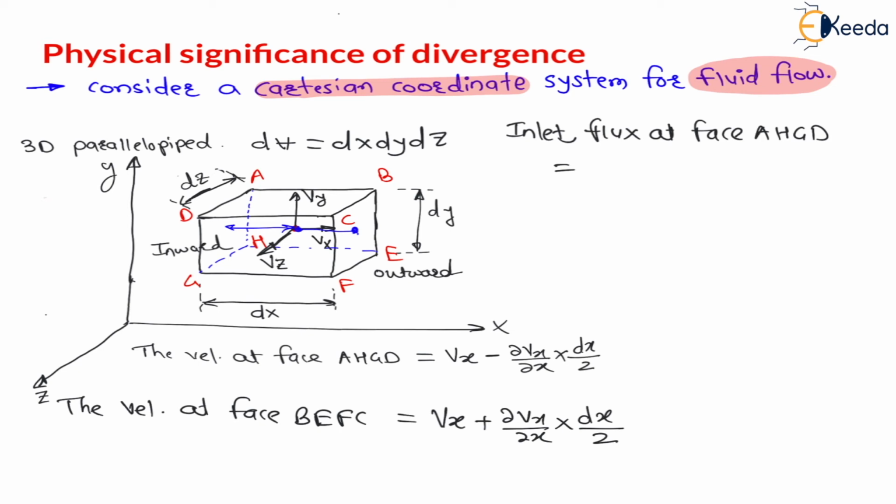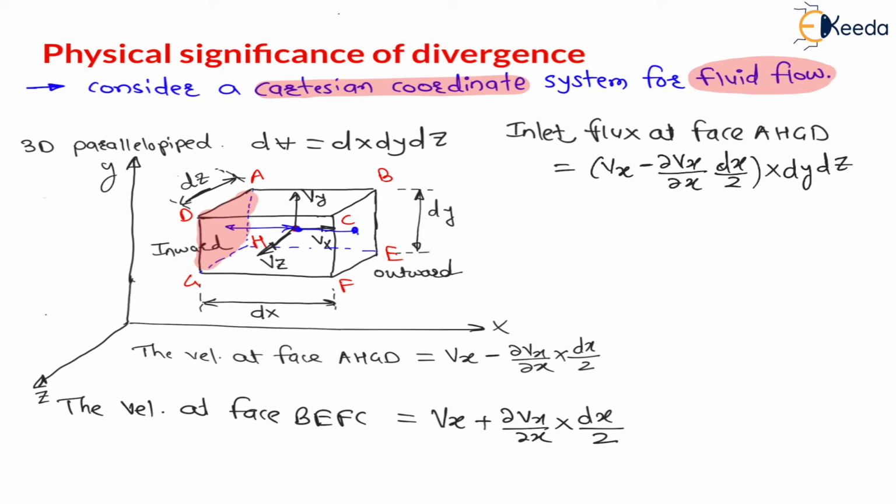Here I will highlight this area with red color. See, this perpendicular area will be there for this velocity, which is nothing but dy into dz. Therefore, it is equal to Vx minus dou Vx by dou x into dx by 2, this is the velocity on phase AHGD, into area dy dz.